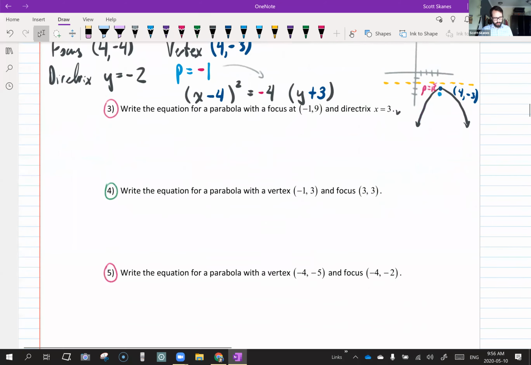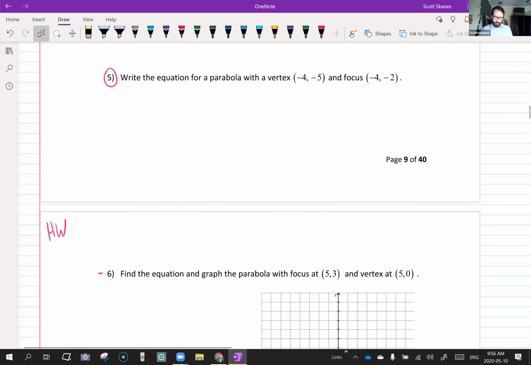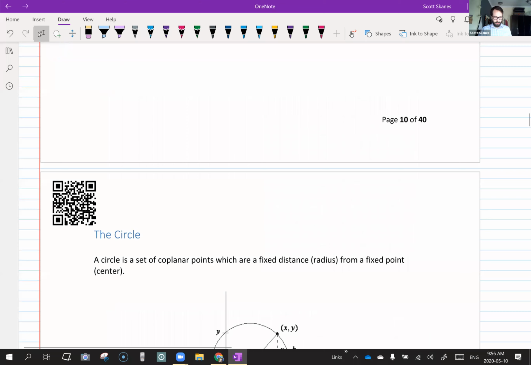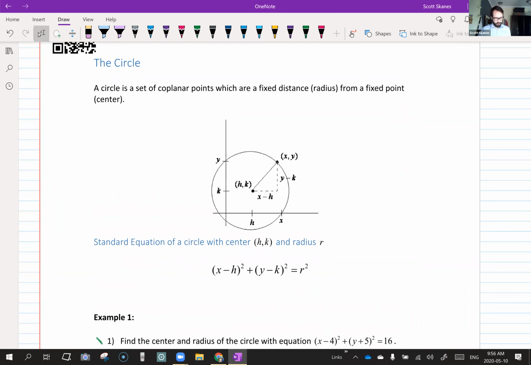I just want to quickly introduce the very last topic. The rest of this you can do for homework because they're all basically the same. The very last thing I want to mention is we're going to cover the circle. And the circle equation we'll see is this. This is what we're going to be dealing with tomorrow.